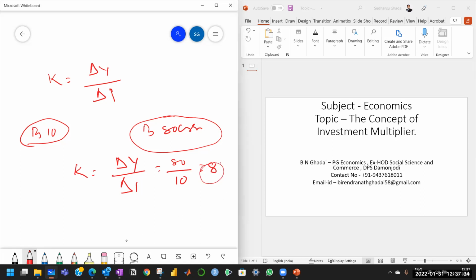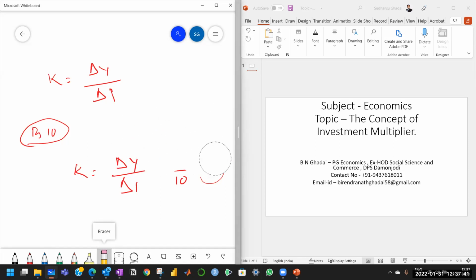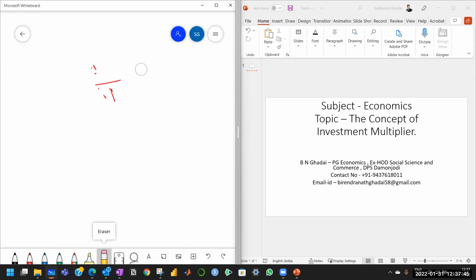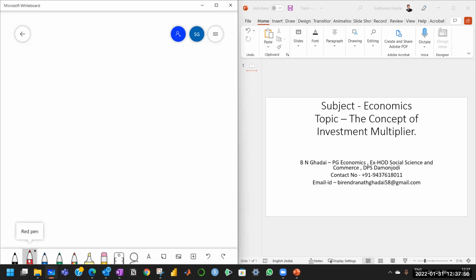And this investment multiplier can be calculated either from marginal propensity to consume or marginal propensity to save. As far as the relation is concerned, this multiplier is directly related to the value of MPC and inversely related to the value of MPS.